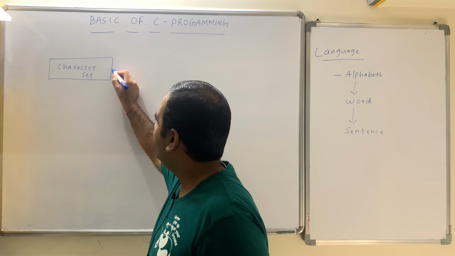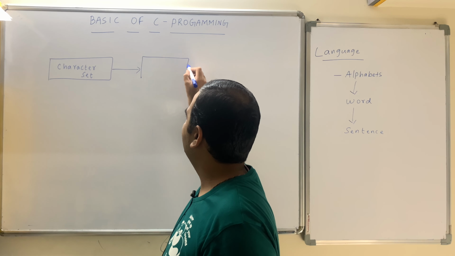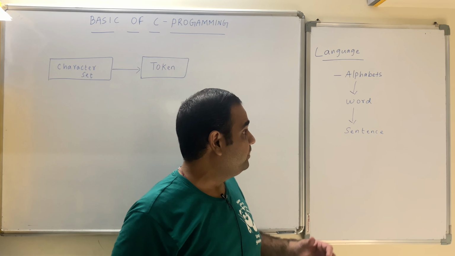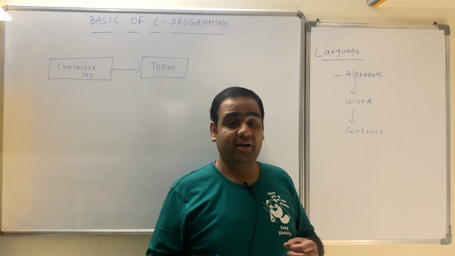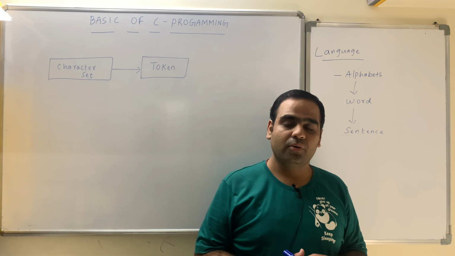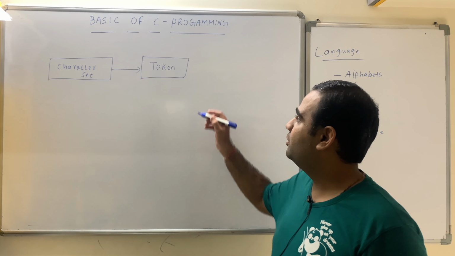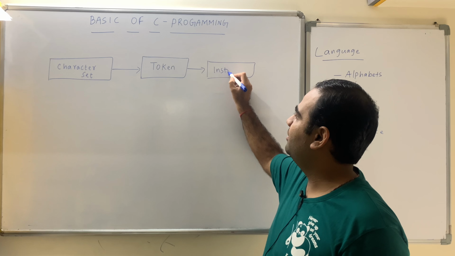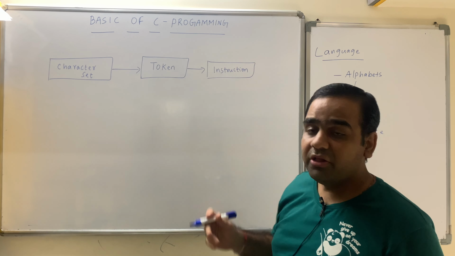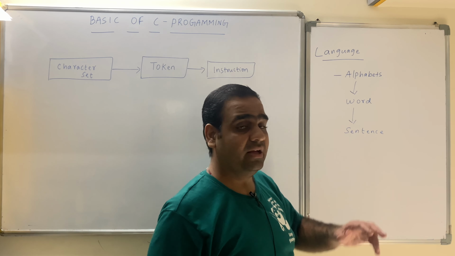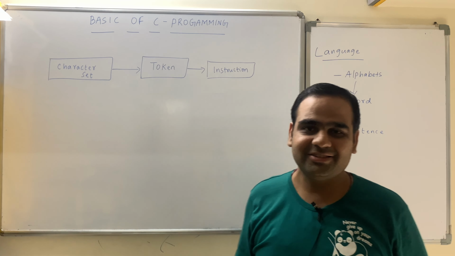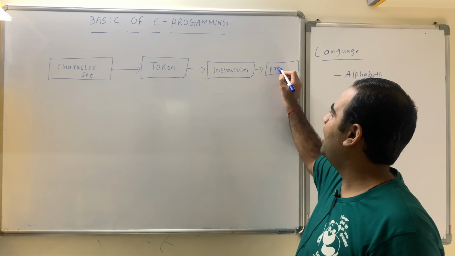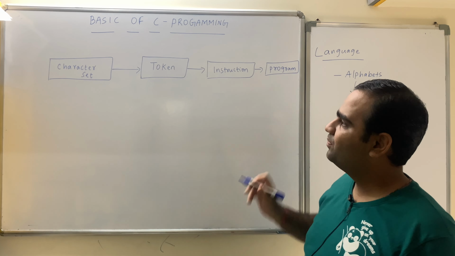A group or set of characters forms something called a token. This token is similar to a word in a natural language. These tokens are grouped together to form something called an instruction. This instruction is similar to a sentence in a language, and a group of instructions forms a program.